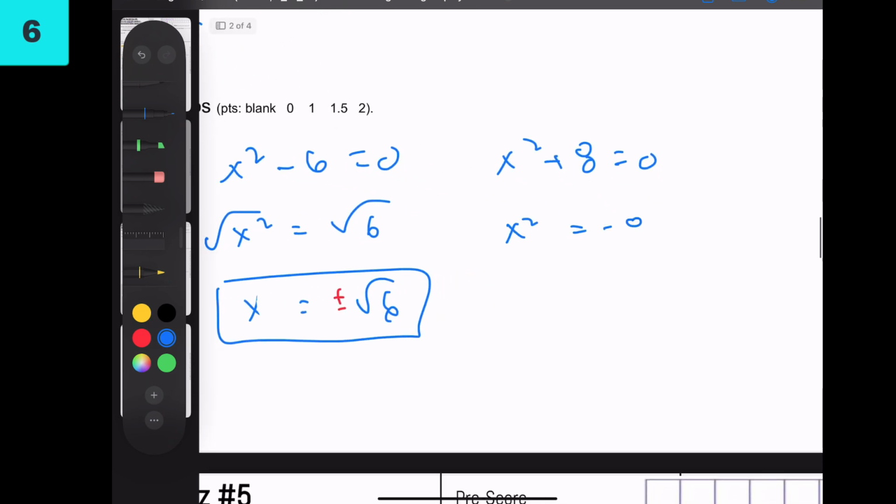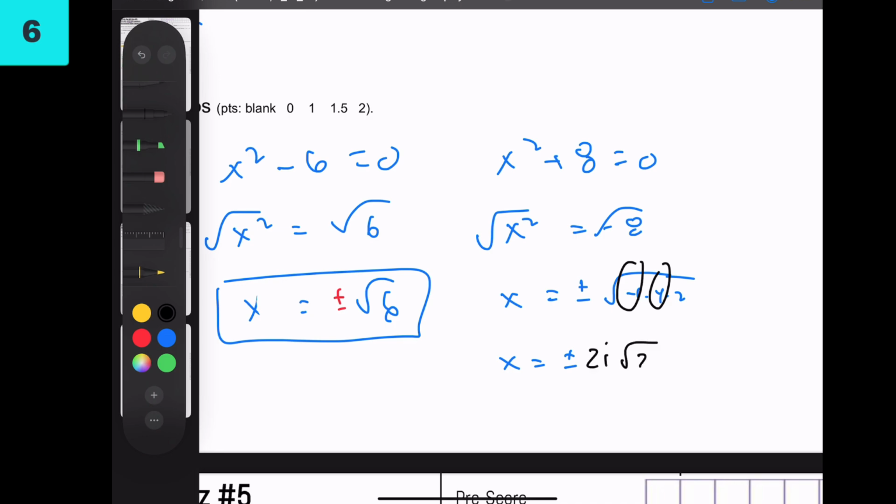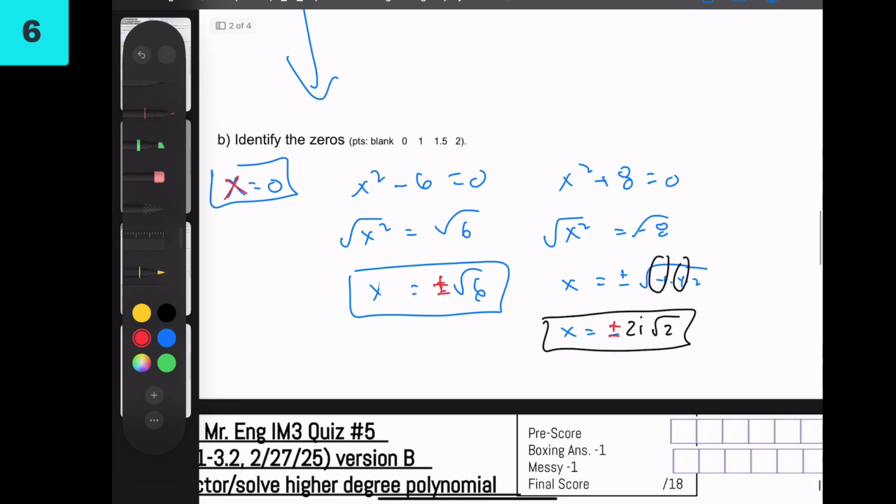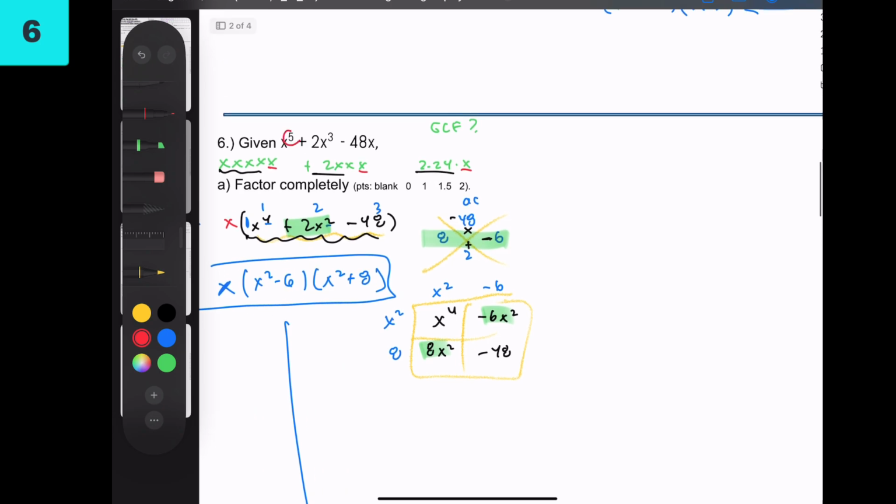Subtract the 8. You're going to have the plus or minus square root of negative 1, 4 times 2. So the square root of negative 1 is i, square root of 4 is 2, and then the other 2 stays inside. So let's count your number of solutions. 1, 2, 3, 4, 5, and that represents our 5th degree polynomial.